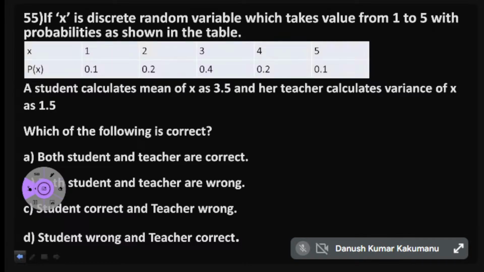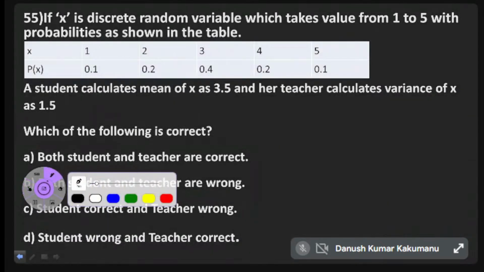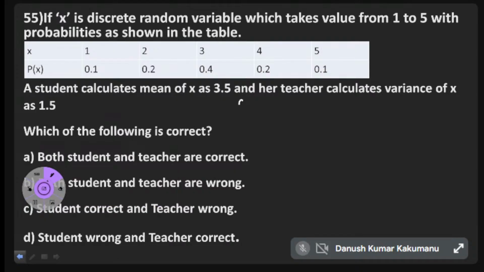You are saying favorite answer C, na? Student correct, teacher wrong. See, let us see. Student calculated what mean? The original mean is what? Calculate. Try all of you. You can calculate E of x. Original mean formula is what?